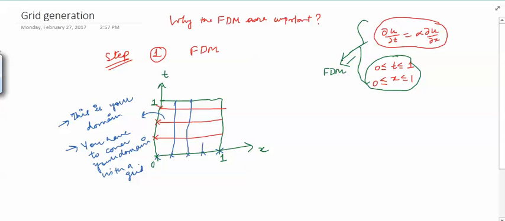Now you have the points at the intersections. You have to include boundaries as well, so there are a total of 25 points.